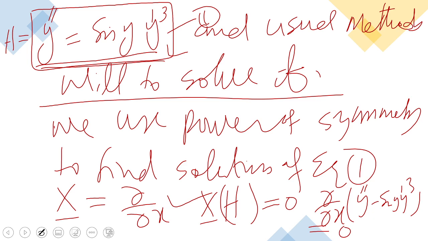Okay, now we will use this symmetry generator and solve this. First we will linearize it and then we will solve it. So what is the procedure?